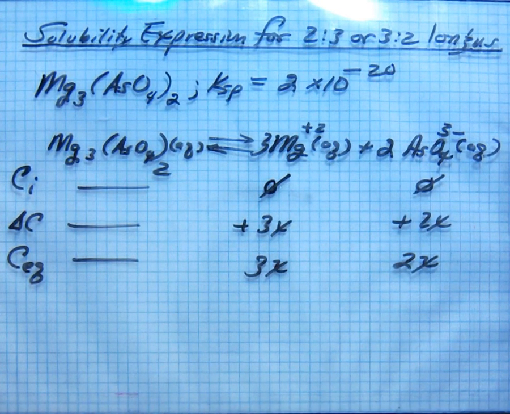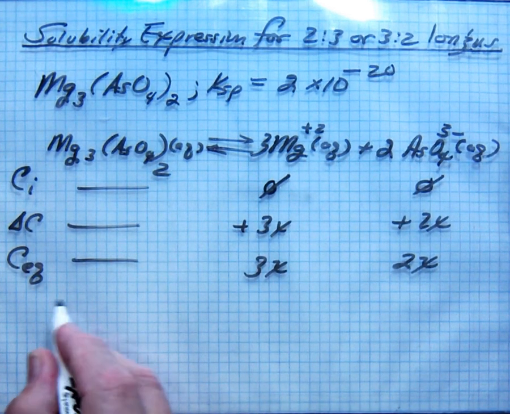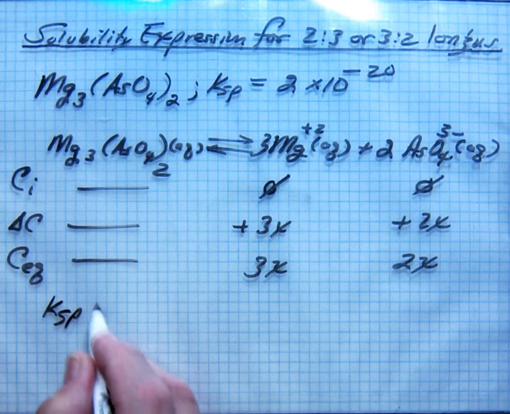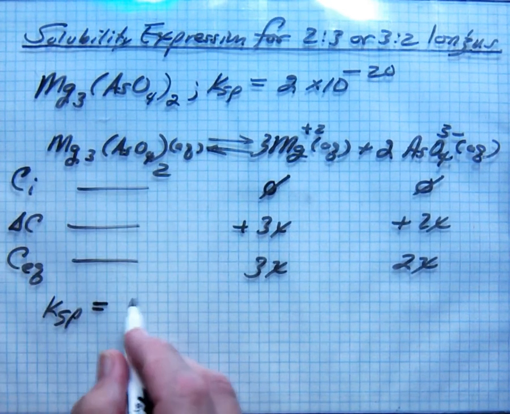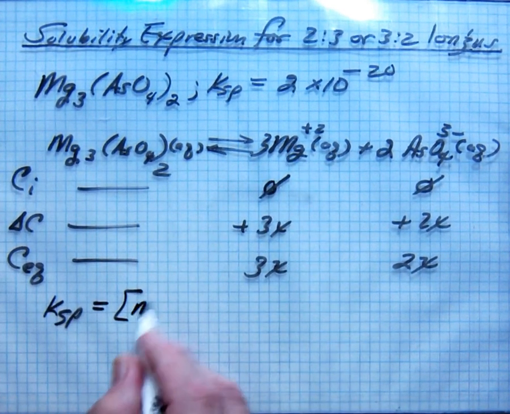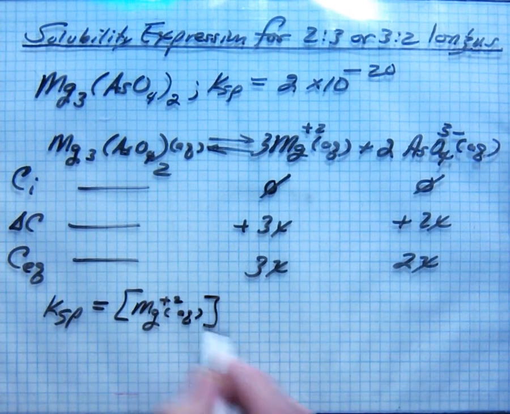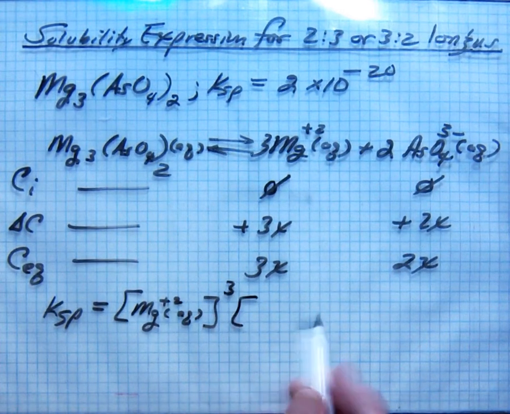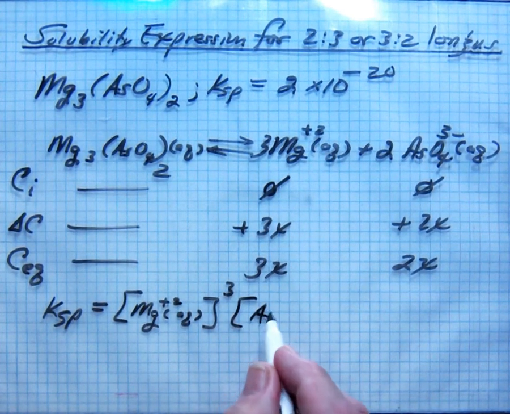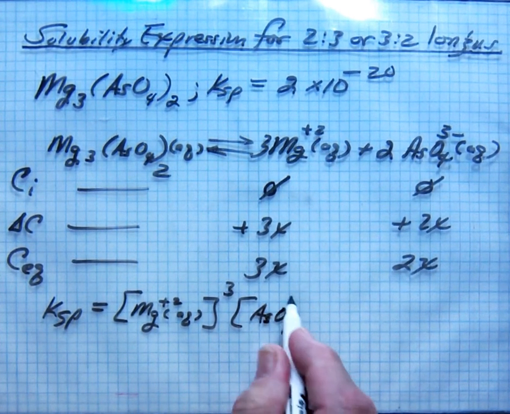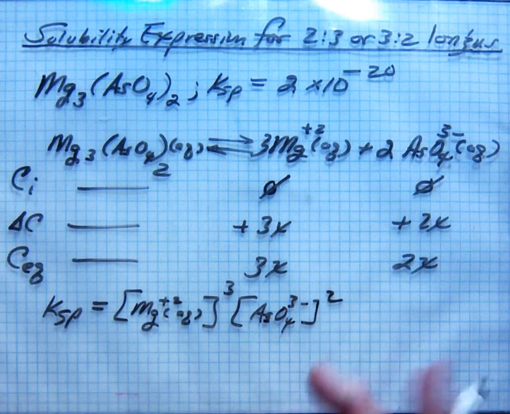So we write the KSP expression in terms of the product side, raised to the powers as needed. So KSP for the magnesium arsenate is magnesium ion plus 2 aqueous, if you want to be totally correct, and then the arsenate ion squared, like that.